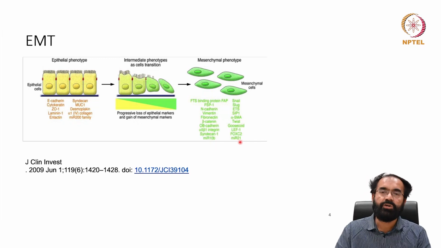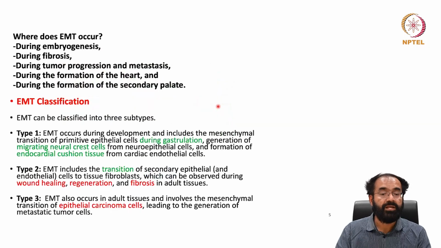There are other microRNAs too, MIR21 and many more. Some genes like snail, slug, etc. also come into the picture. So some genes retain the identity of epithelium, and these genes convert the epithelial cell into a mesenchymal cell. This is what you should understand during this transition.